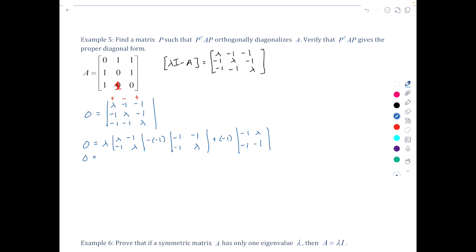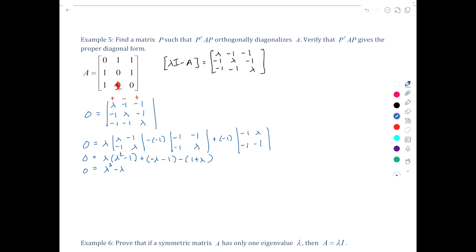So that's going to give us lambda times lambda squared minus 1, plus negative lambda minus 1, minus 1 plus lambda.